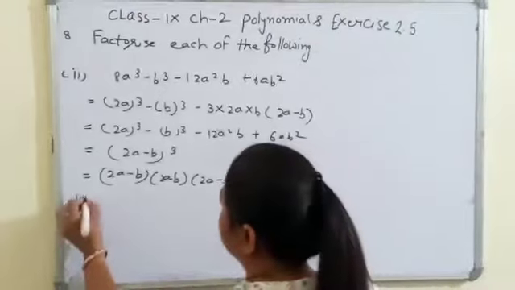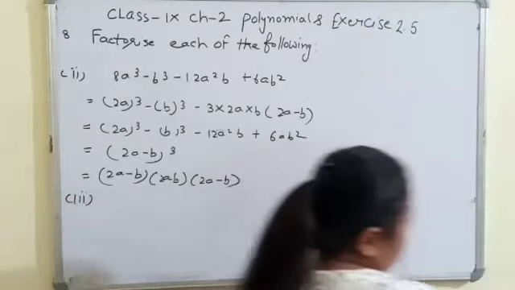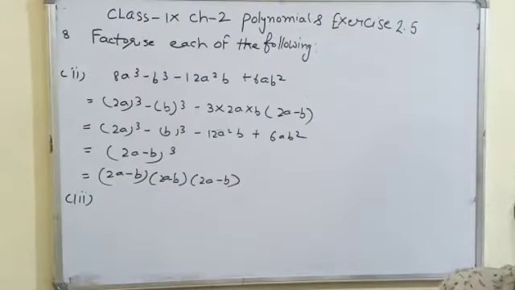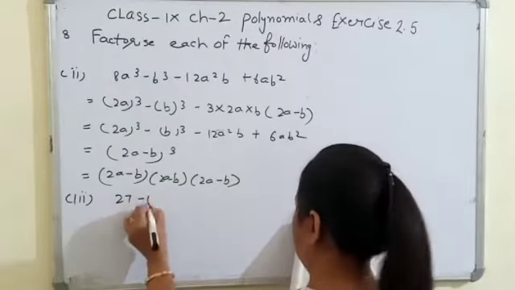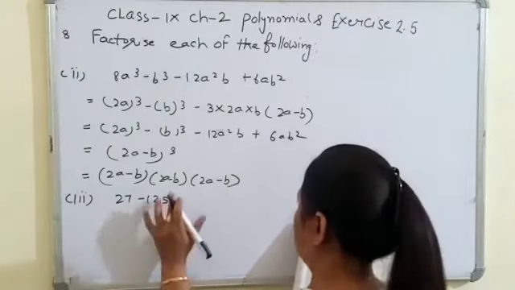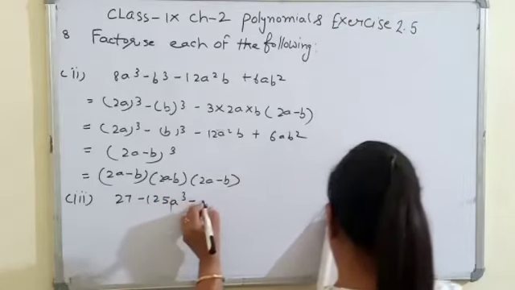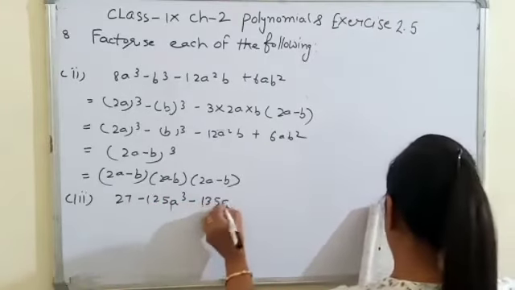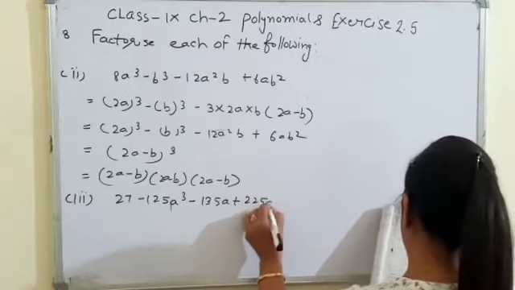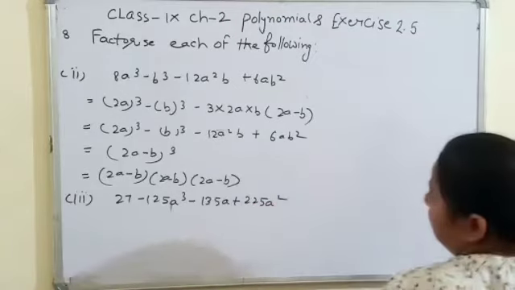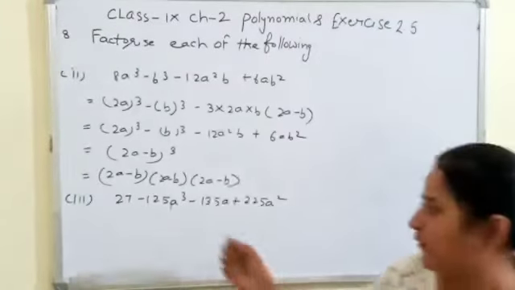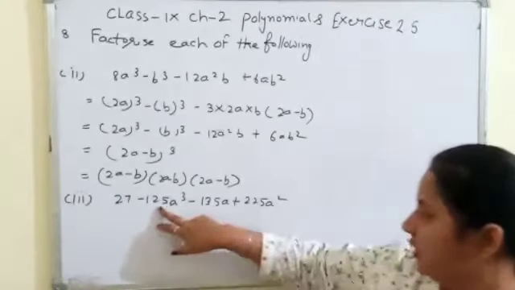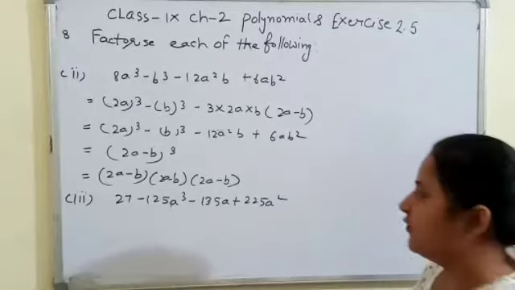Let's see in the third part which identity we can use to do the factorization. 27 minus 125 a cube minus 135a plus 225 a square. Yes students, for the first two terms, 27 is the perfect cube of 3, and 125a cube is the perfect cube of 5a.